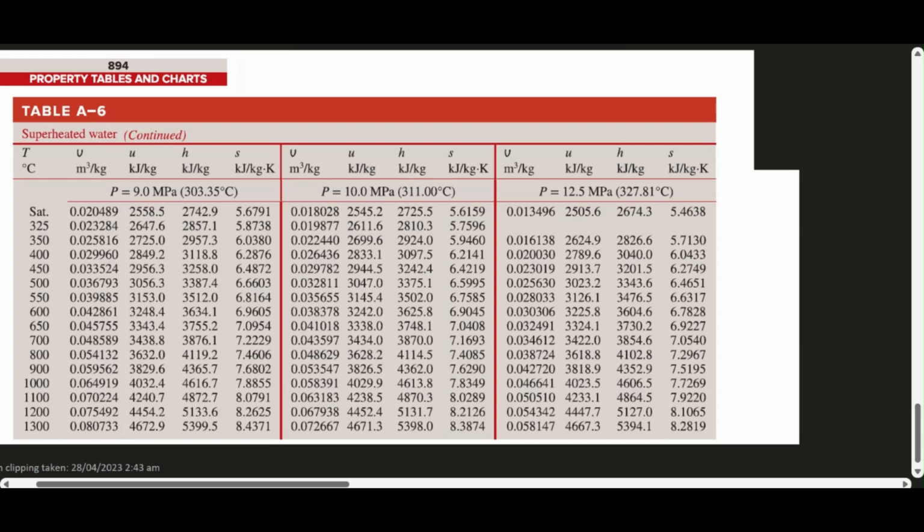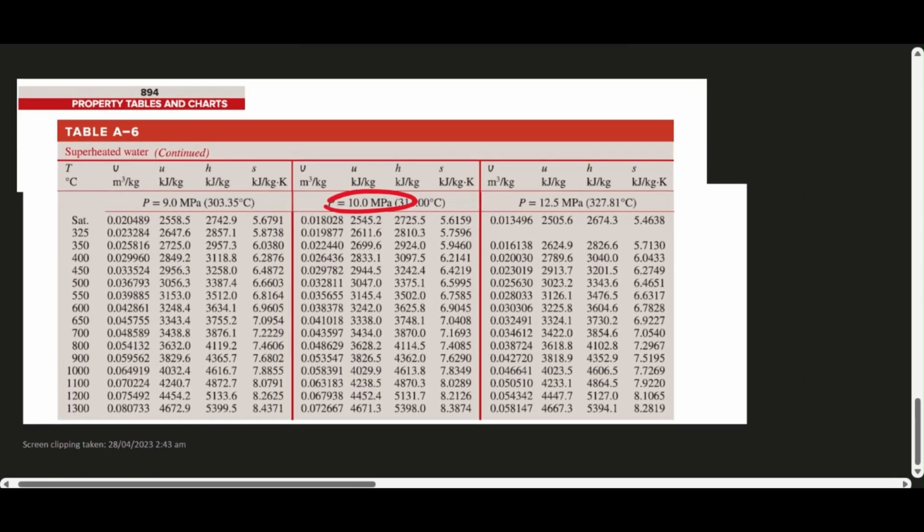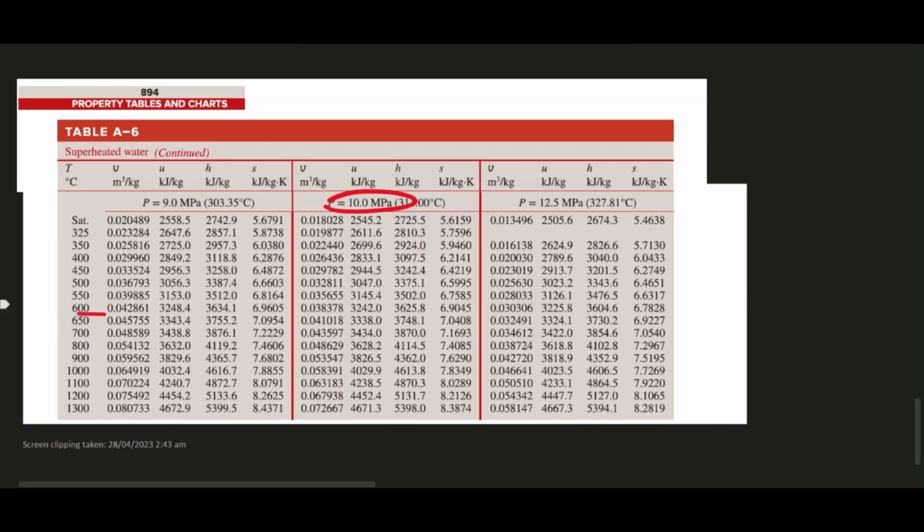We go to 10 megapascal, and it's 600 degrees Celsius. So that takes us all the way. Alright. So I'm looking at the regions of 3625. 3625, that's my enthalpy.